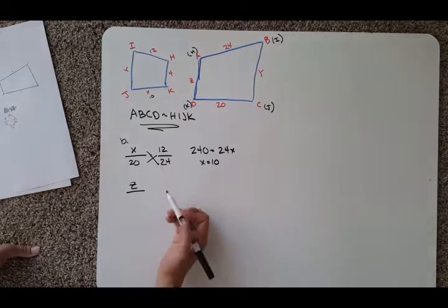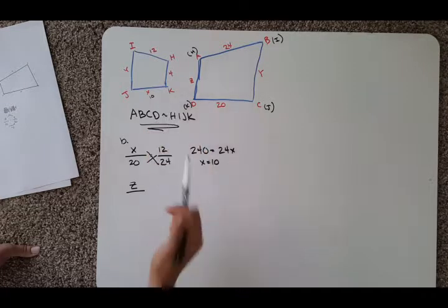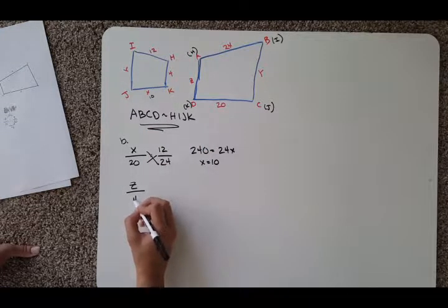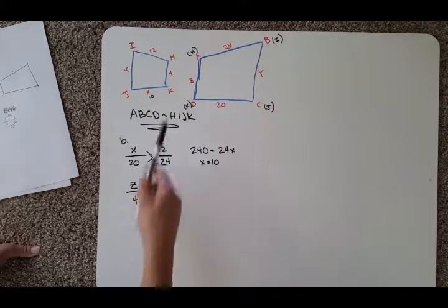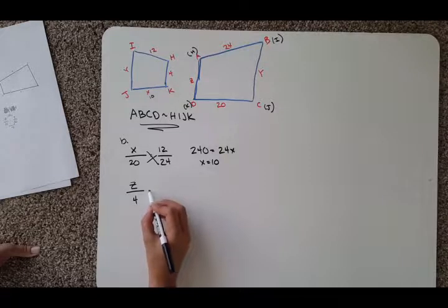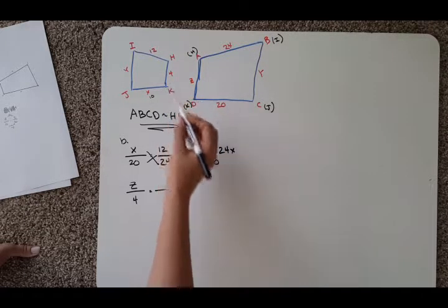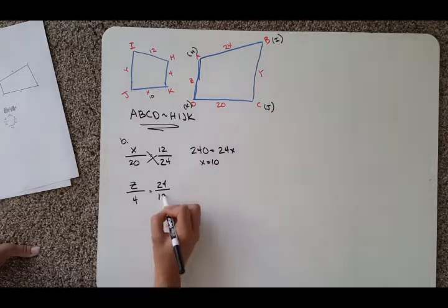So I just set it up the same way. So z, this side, corresponds to this side. So z over 4, and I'm switching it around so the big triangle is now in the numerator and the smaller triangle, the smaller quadrilateral, will be in the denominator. So z over 4 is equal to 24 over 12.